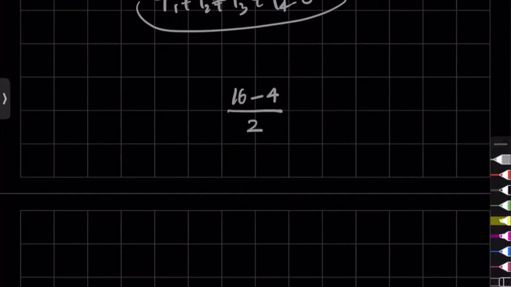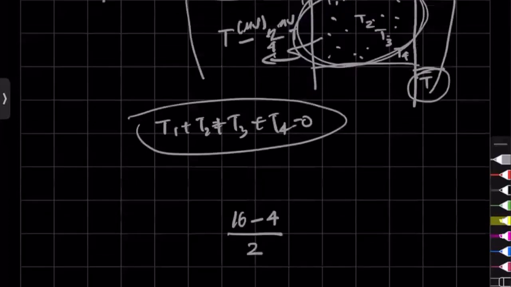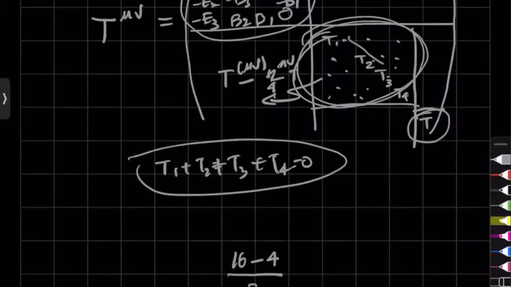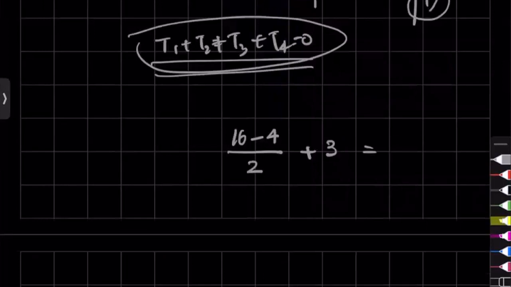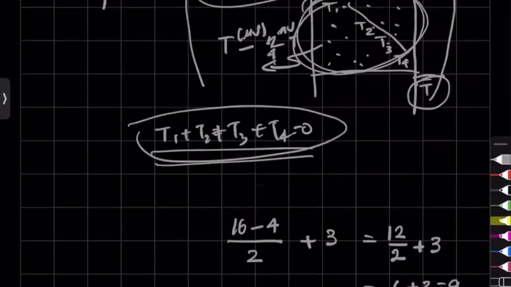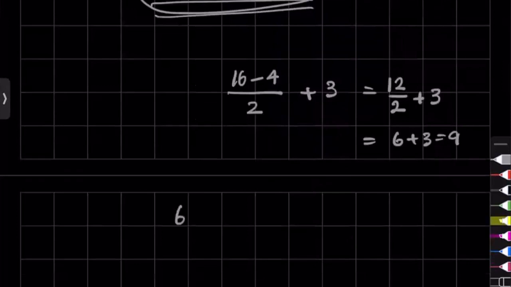Yeah. And in the diagonal elements, there are superficially 4, but they have to satisfy this condition. So we add 3 here. So what do we get? We get 16 minus 4 is 12, by 2, plus 3. So we have 6 plus 3, 9. And then we have 1. So we have 6 plus 9 plus 1, which is exactly 16, okay?